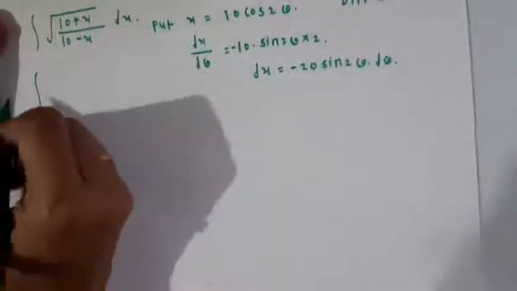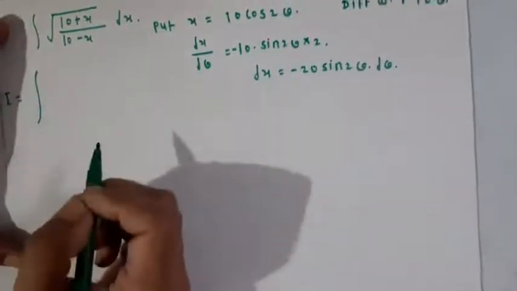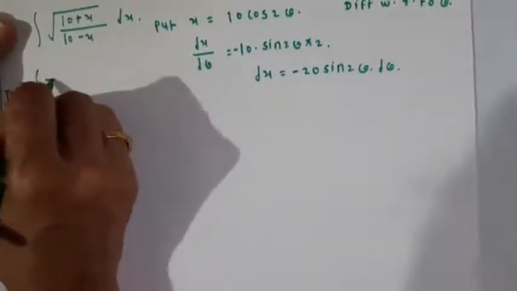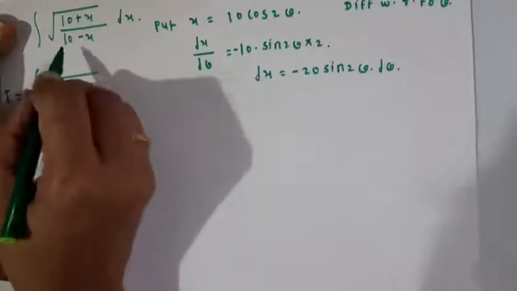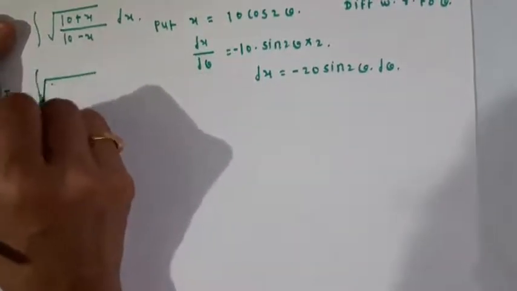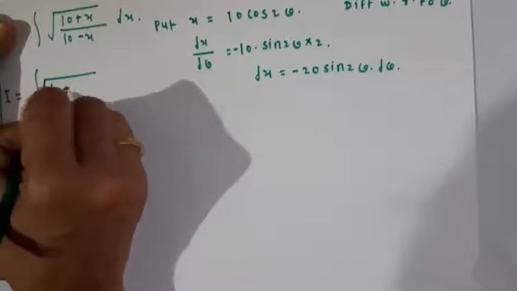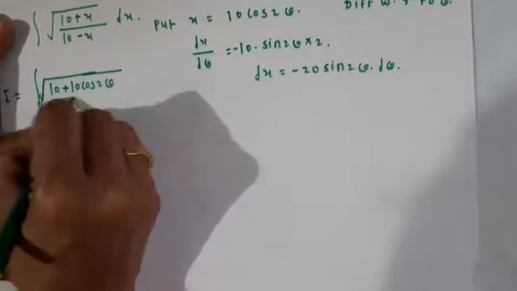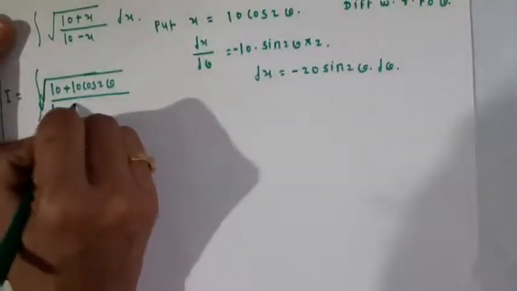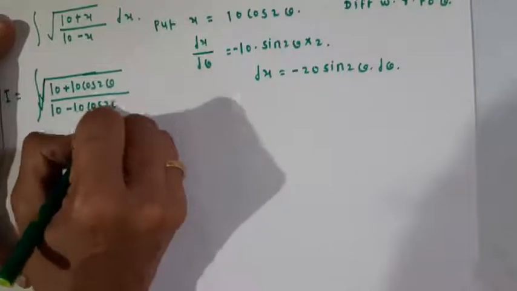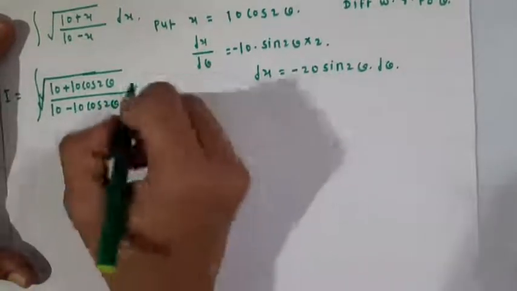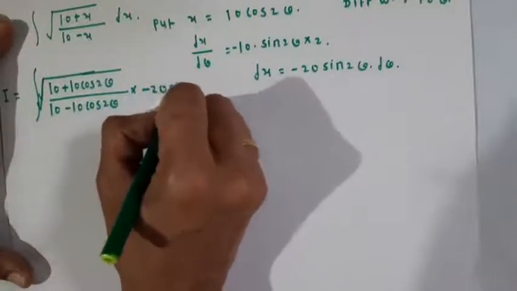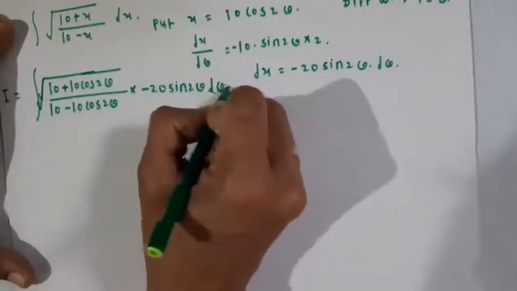And hence the integration I equals, okay students, this is the square root of 10 plus 10 cos of 2 theta upon 10 minus 10 cos of 2 theta, into the value of dx, which is minus 20 sine of 2 theta d theta.